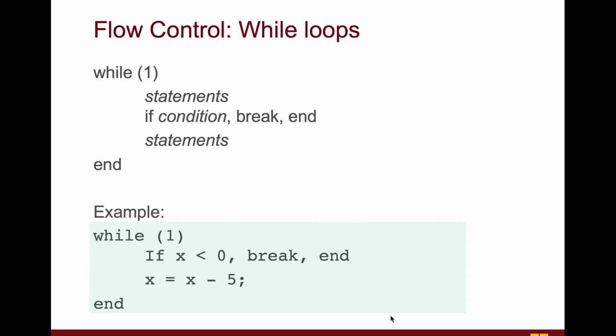It's 3, it's not smaller than 0, so the break won't happen, and x will be x minus 5, which this time is negative 2. This loop ends, and we go to the next loop. Now we see if x, which is -2, is smaller than 0. Now we break. So the next line, x equals x minus 5, will never execute again because we already broke out of this while loop.